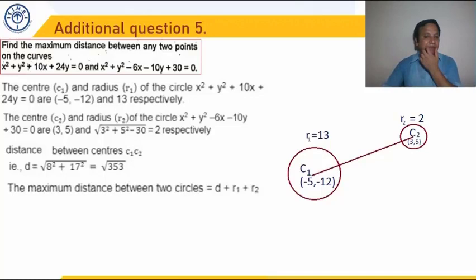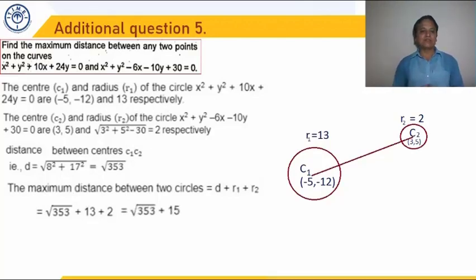So the maximum distance between two circles, please remember this, is D, that is the distance between centers of two circles, plus R1 plus R2. That is root 353 plus 13 plus 2, which is equal to root of 353 plus 15. Maximum distance is the distance between the centers plus R1 plus R2.